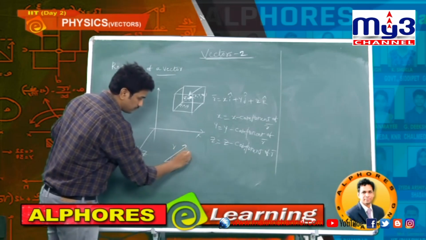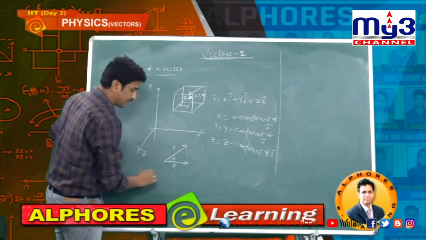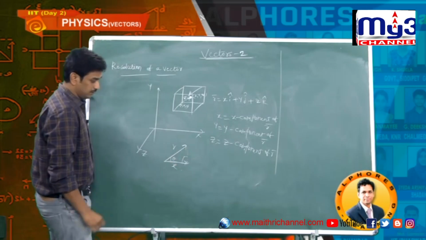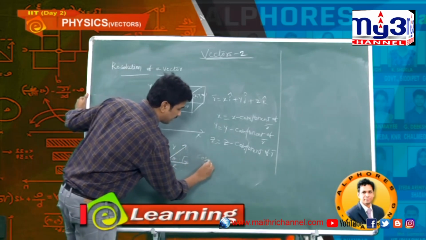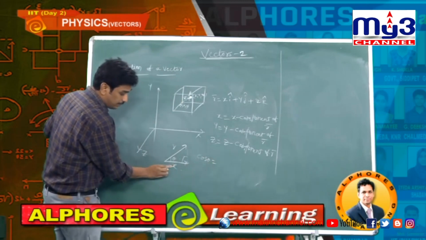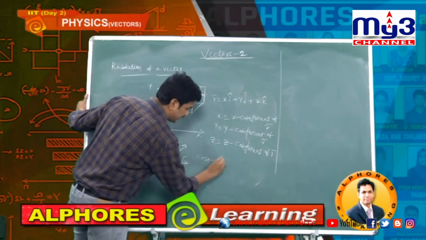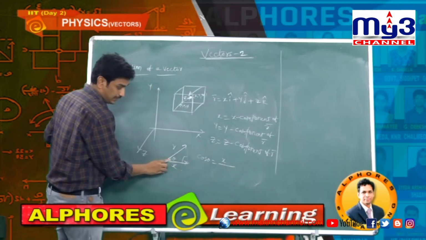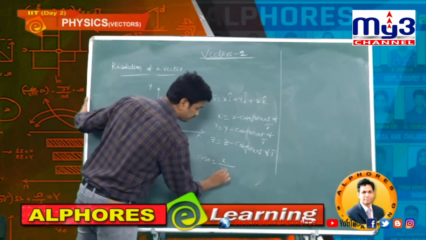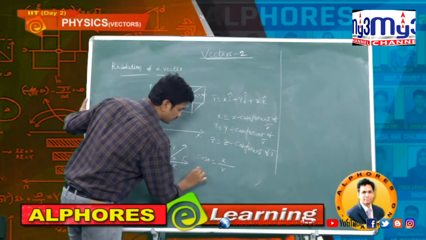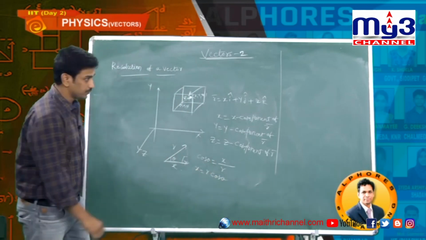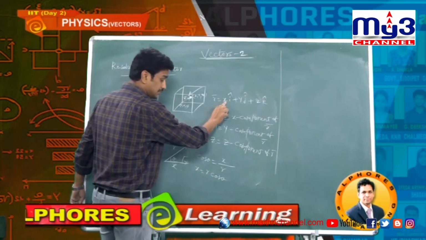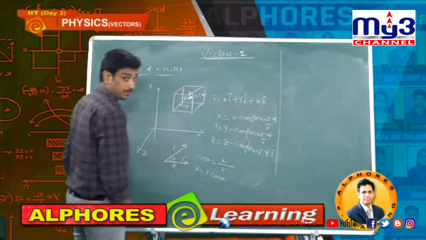Now, dotted line, 90 degrees, theta, right angle triangle. What is cos theta? Adjacent side by hypotenuse. The adjacent side is x, hypotenuse r. So x is equal to r cos theta. The x component is nothing but r cos theta.